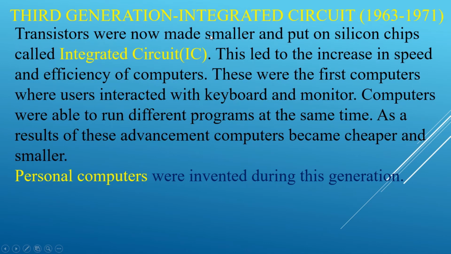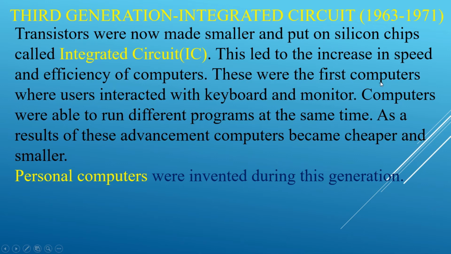Transistors were now smaller and put on silicon chips called integrated circuits, which we call IC. So IC can also be seen in numerous consoles nowadays. This led to an increase in speed and efficiency of computers with the introduction of IC.